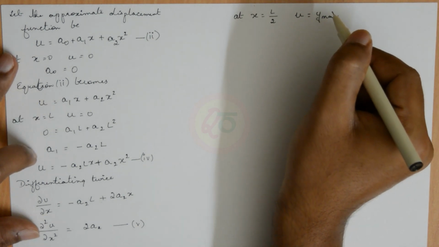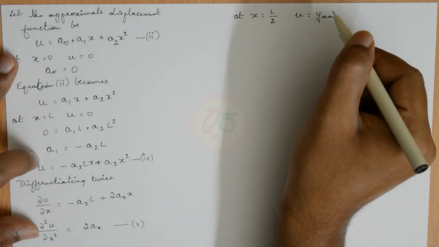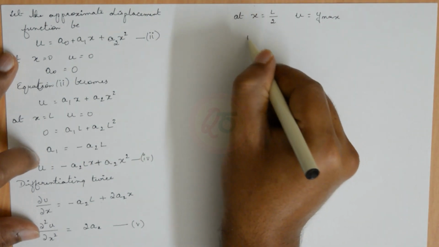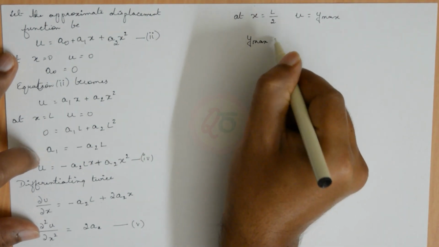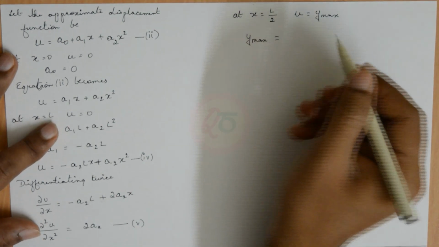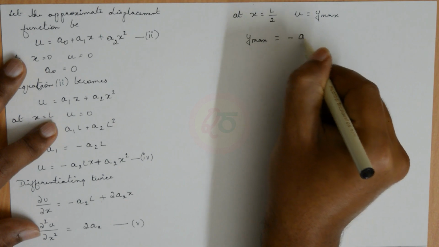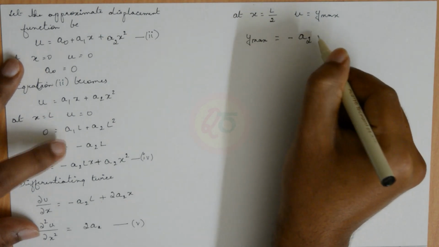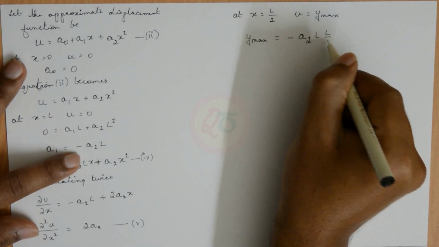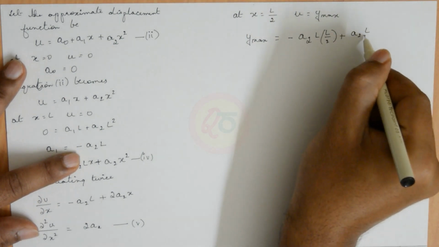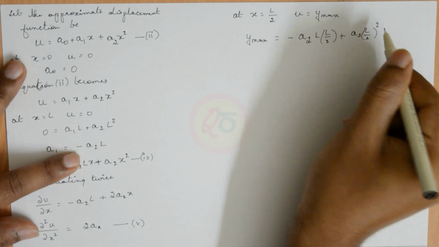So substituting this into equation 4, we obtain y max is equal to minus a2 L into L by 2 plus a2 times L by 2 whole square.